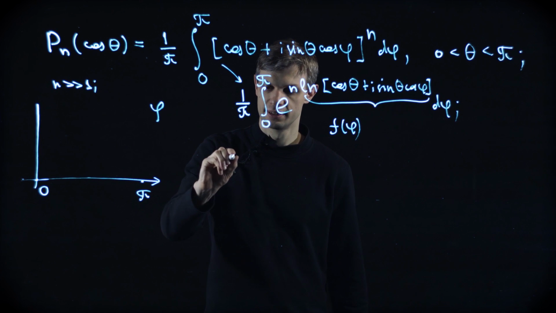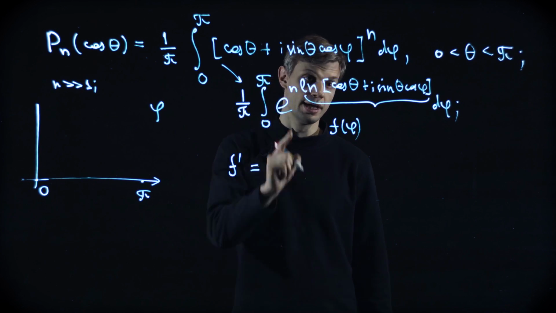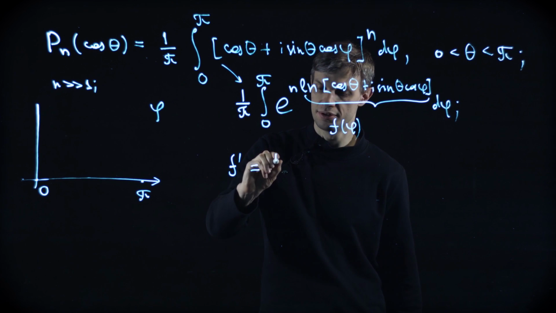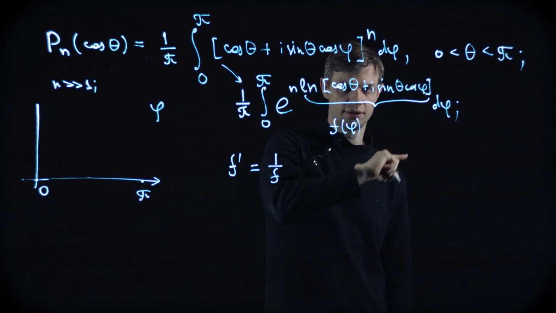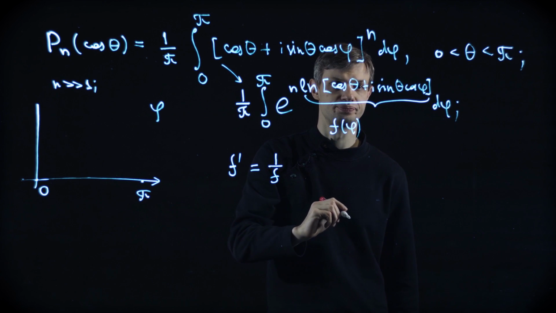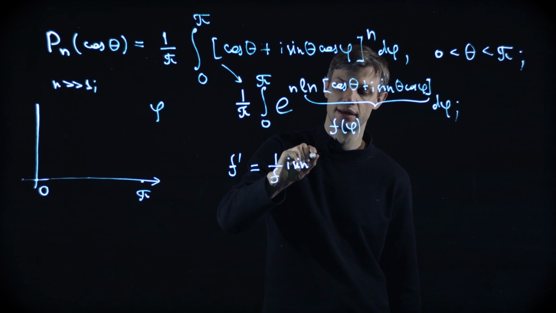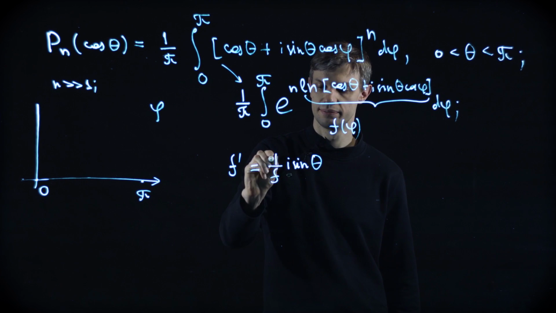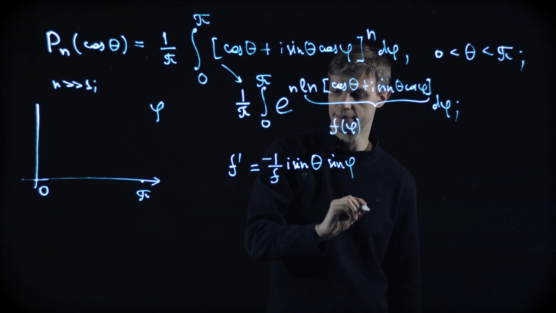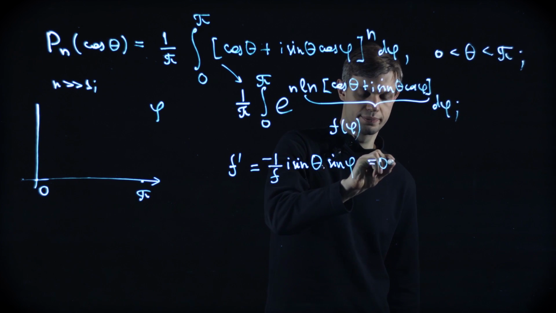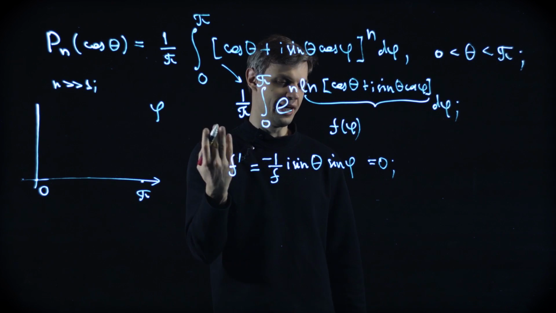For the derivative of f of phi, it's a logarithm, so the derivative is 1 over f times the derivative of the argument of the logarithm, which is simply i sine theta minus 1 times sine phi. And it's 0, right? So now phi is equal to pi n, actually.